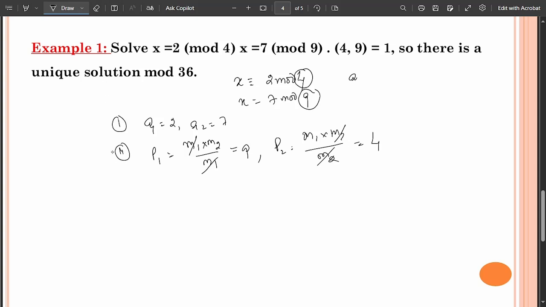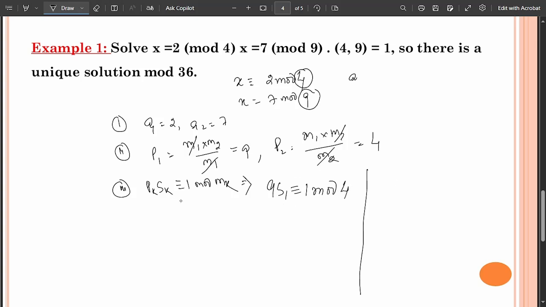Now we find s1 and s2. We have the formula that Pk Sk is congruent to 1 modulo mk. So we have two situations here for s1 and s2. For one, p1 s1 is congruent to 1 modulo m1. That means 9 s1 is congruent to 1 modulo 4.